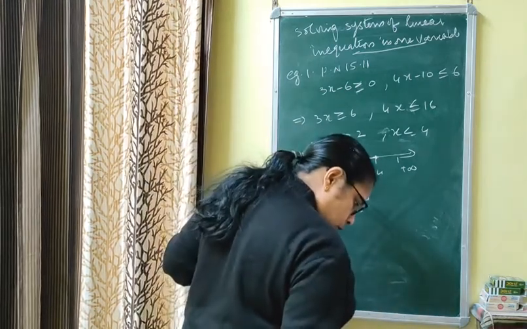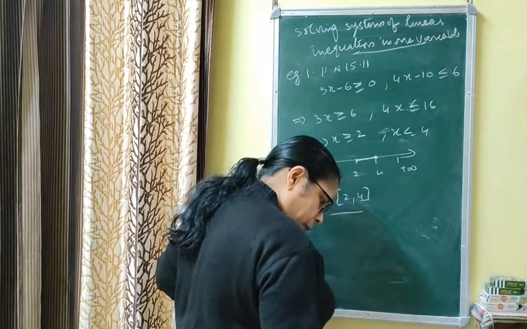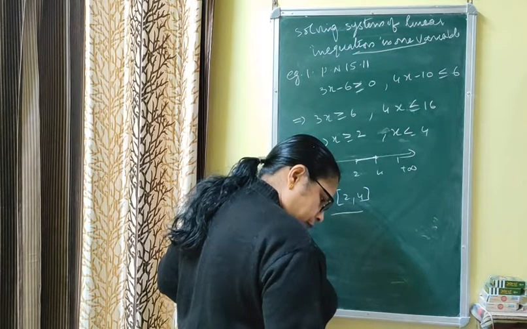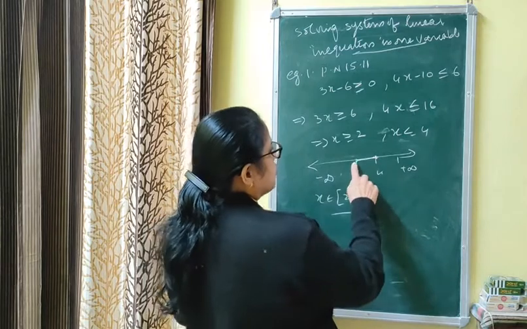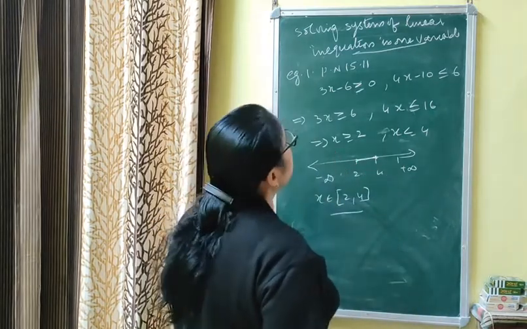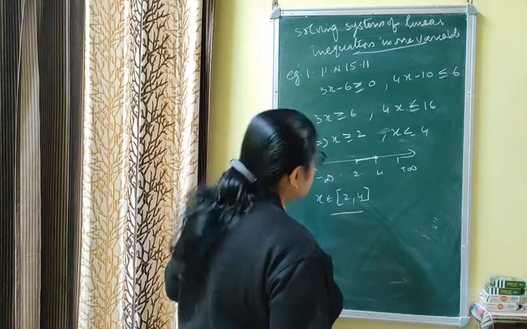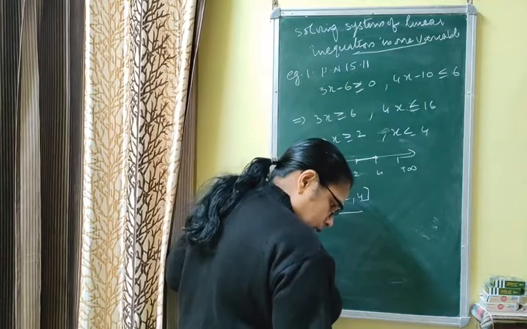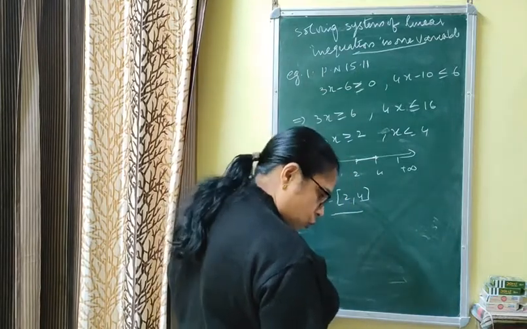Next question is... one minute. X greater than or equal to 2 से ज्यादा. Let me check the questions once more. 4x minus 10 less than or equal to 6, that is x less than or equal to 4. Second one is x greater than or equal to 2. 4 से कम and 2 से ज्यादा.